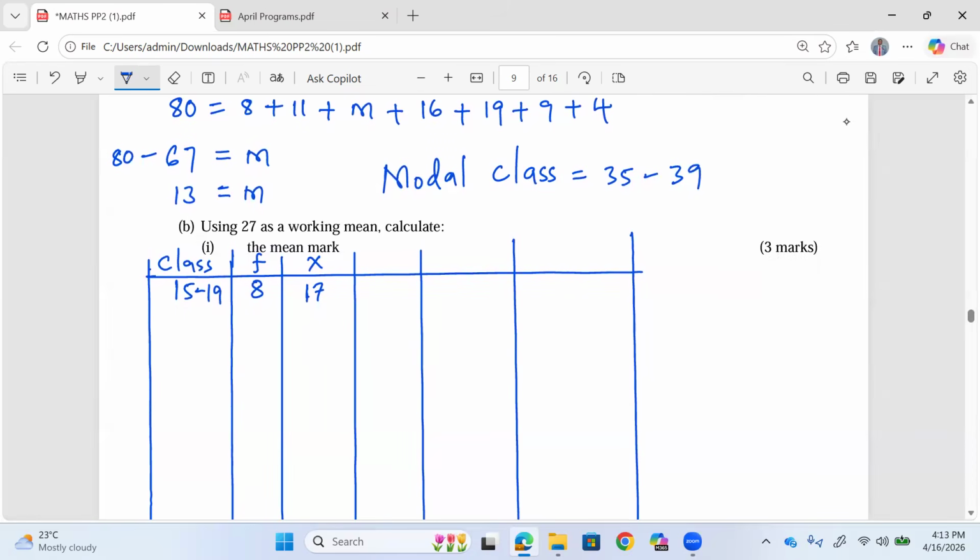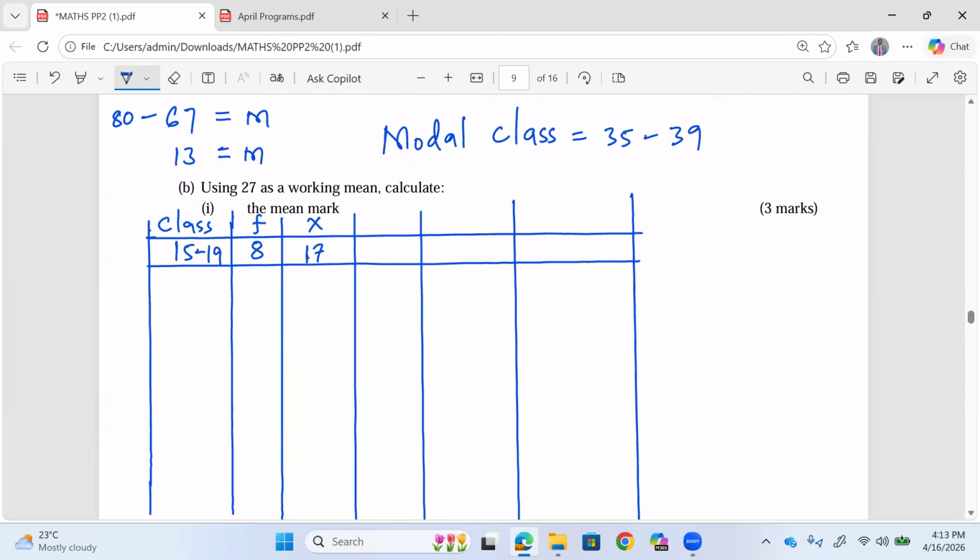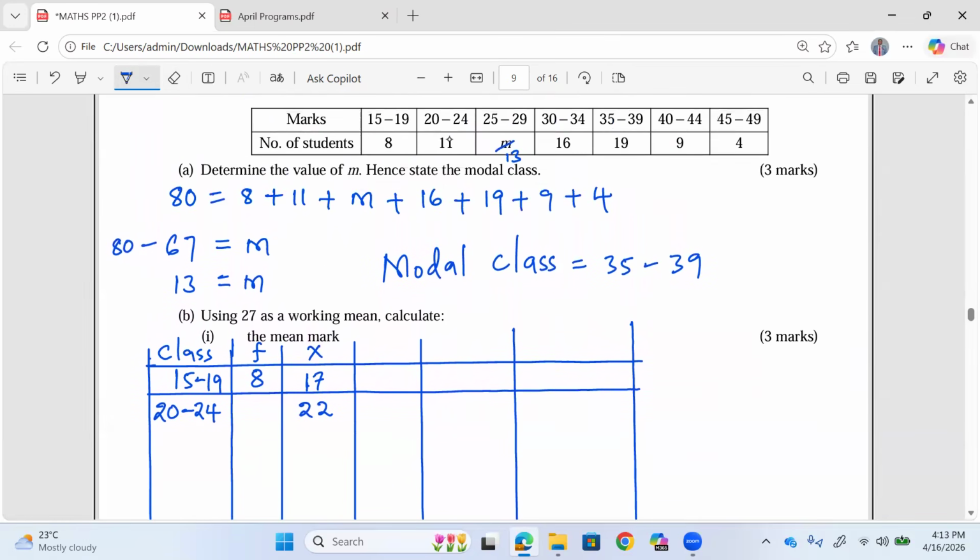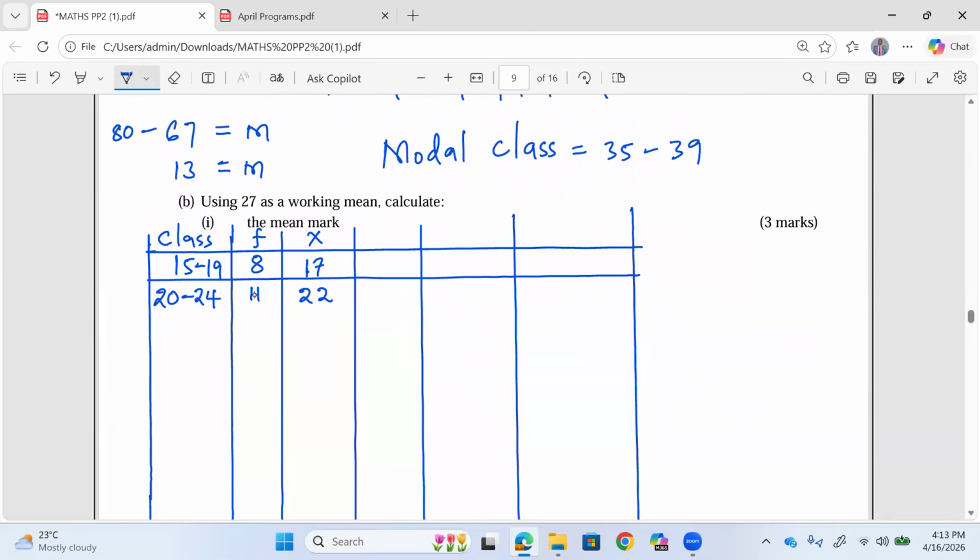From there, we can go to the next class. Allow me to partition the classes so that we have clean work, so that every value is on its own. Then we have 20 to 24. The midpoint is 22, and the F is 11. When you add 20 and 24, you get 44. Divide by 2, 22.